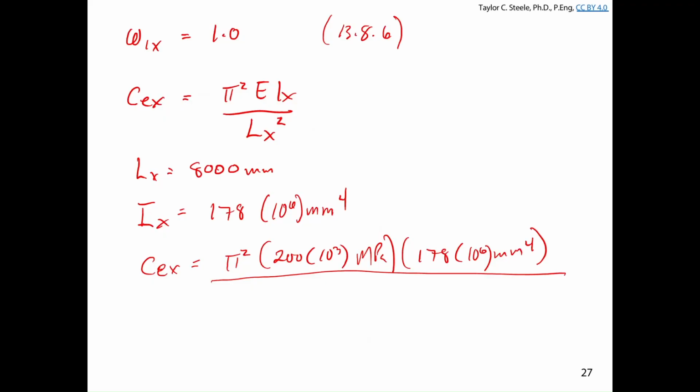All that gets divided by Lx, which is 8,000 millimeters squared. And what we get is an elastic buckling load. It's not the strength of the column, but it's just the load that would cause elastic buckling if the steel were strong enough, 5,490 kilonewtons. Okay, does anyone have any questions about what we just did or why before we continue on?